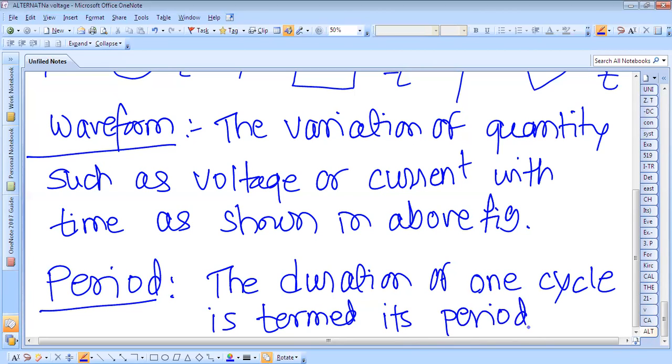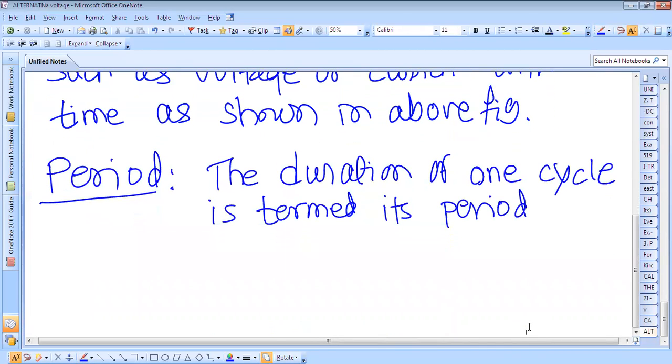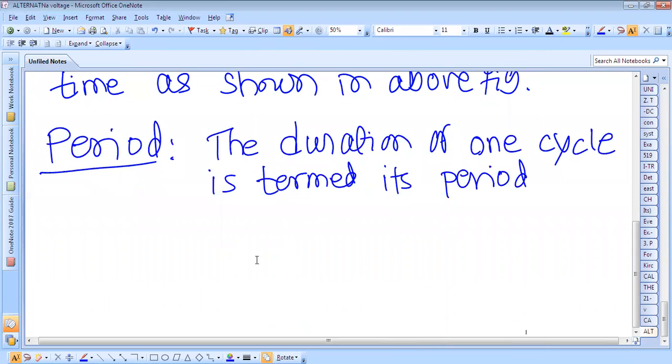So the period can be calculated from the duration of one cycle.